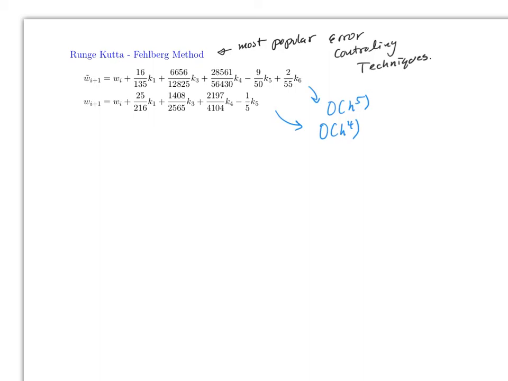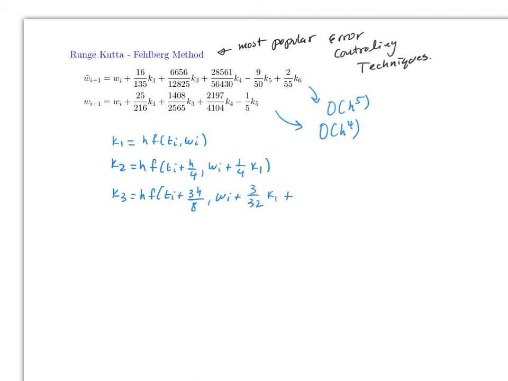Here, k1 is equal to h f of t i, w i. k2 is equal to h f of t i plus h over 4, w i plus 1 over 4 k1, and so on. k3 is equal to this: w i plus 3 over 32 k1 plus 9 over 32 k2, and so on.